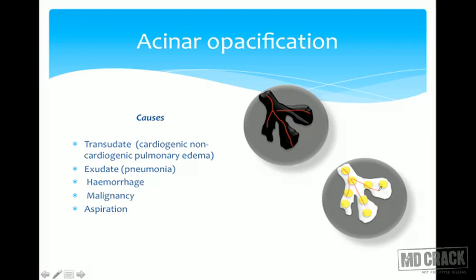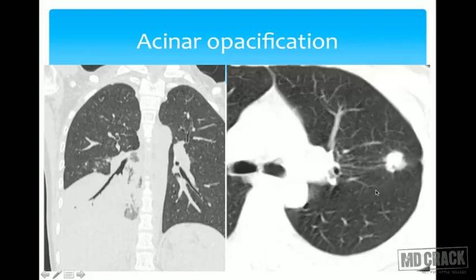So once again, let me tell you, the causes are transudates, cardiogenic or non-cardiogenic pulmonary edema, exudates, hemorrhage, malignancies, and aspiration. Acinar opacification, like I said, can lead to formation of a nodule, a solitary pulmonary nodule, or even consolidation of the lung.